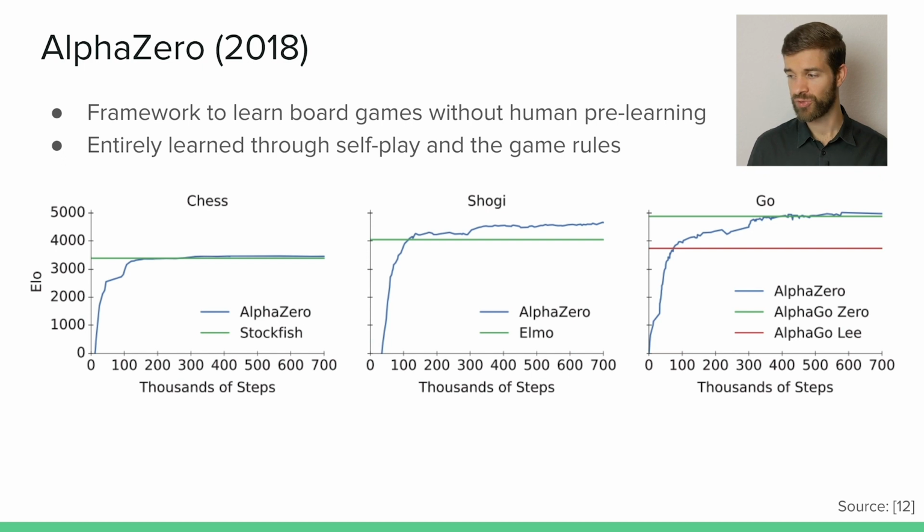And when two players have the same rating, they are likely to win the same number of games. And of course, Stockfish, I think, is a chess program that has a certain rating. And after a while, AlphaZero was consistently beating that computer program. And you can also see that for other games, AlphaZero was consistently beating whatever they had trained before.